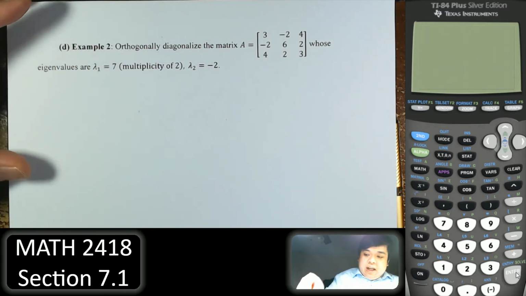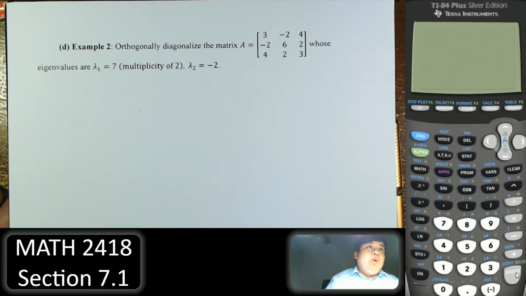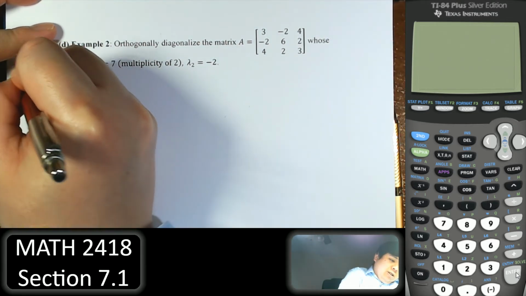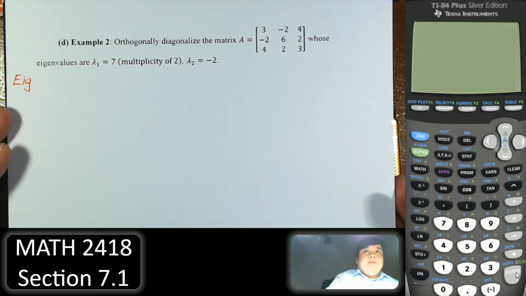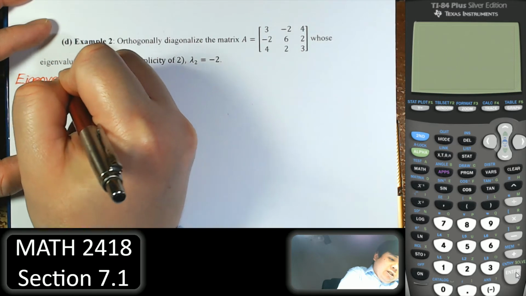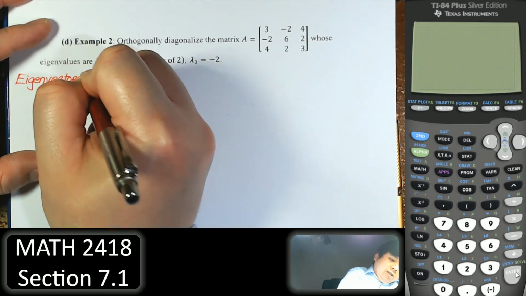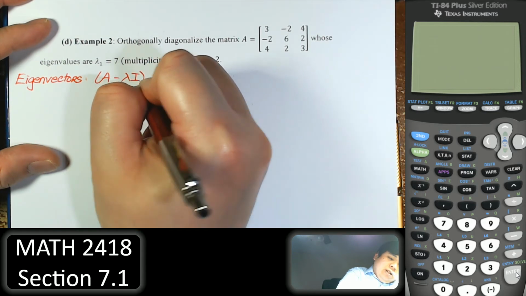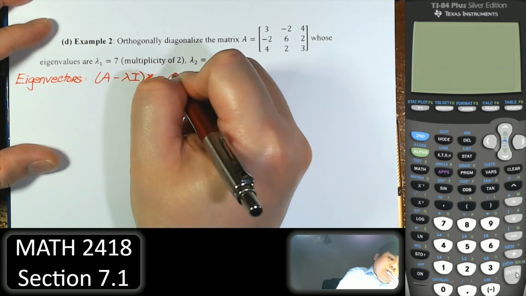So let's just find the eigenvectors because we already have the eigenvalues. To do that, we solve the equation (A minus lambda I) times x equal to 0.